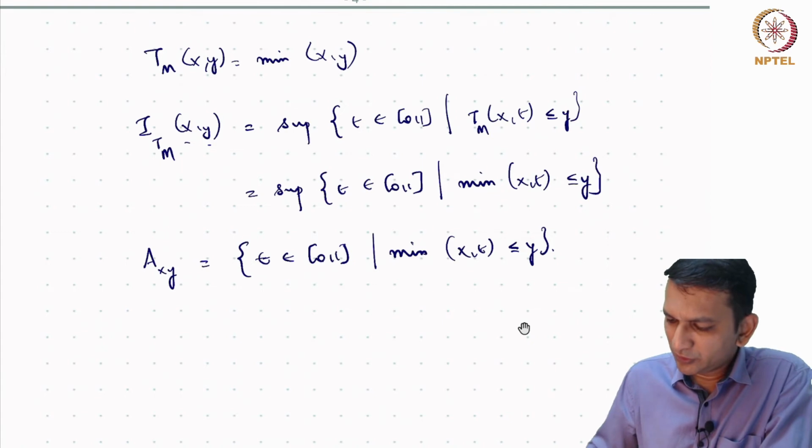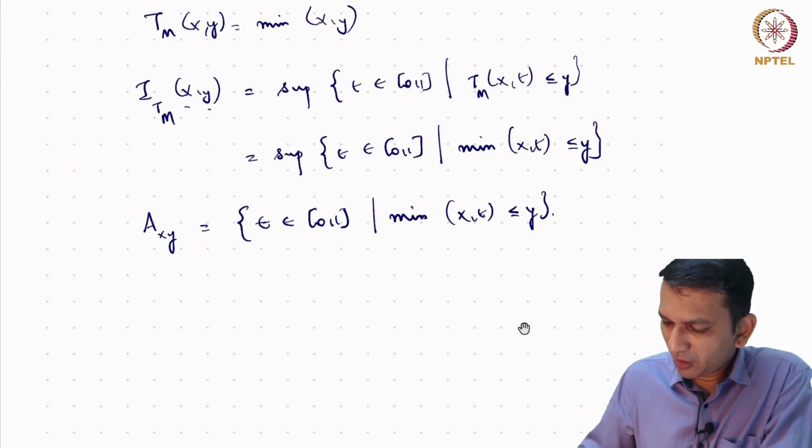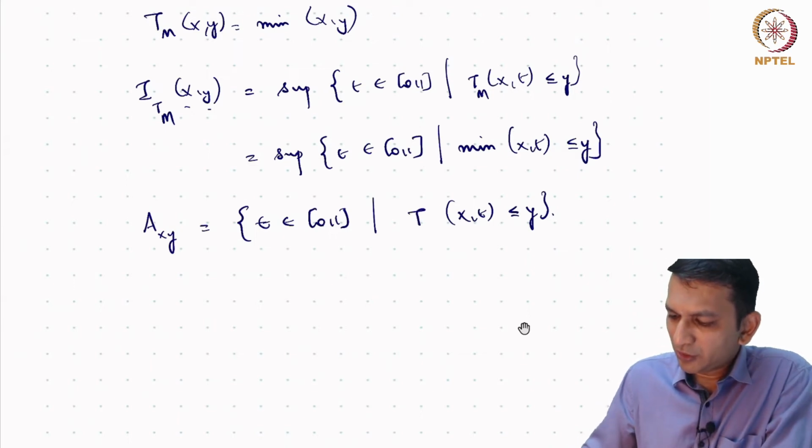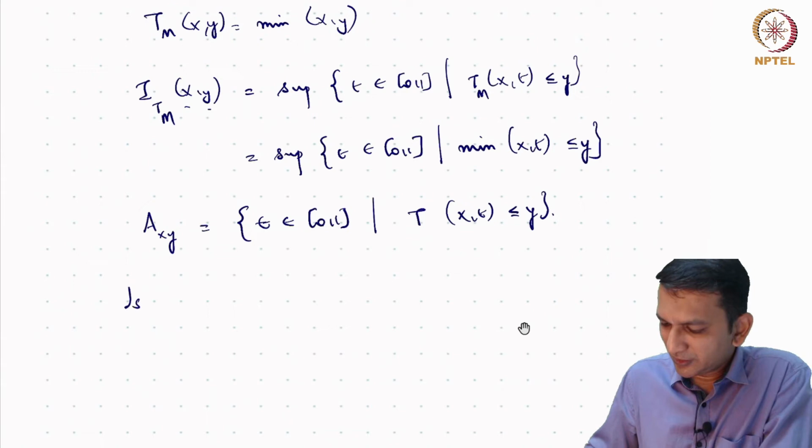First of all, we should see in general how this set would look for any T. That is, if I remove min here and put just T, the first question is: is A_xy equal to [0, 1] for some x comma y?